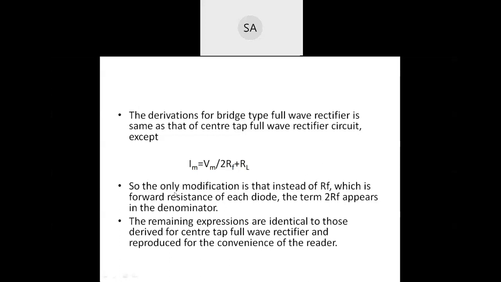Im is equal to Vm by RF plus RL. For center tapped full wave rectifiers we have Im equal to Vm by RF plus RL, whereas for the bridge rectifier we have Vm by 2RF plus RL.